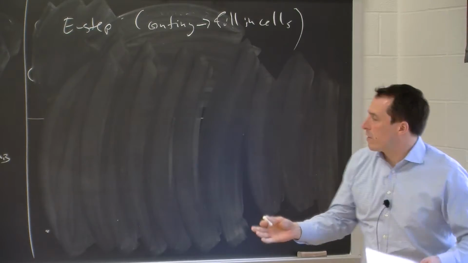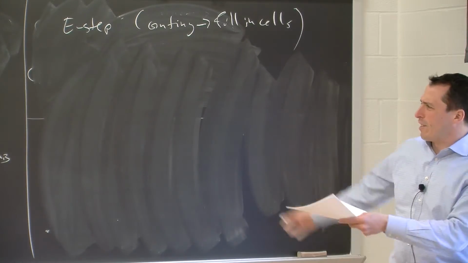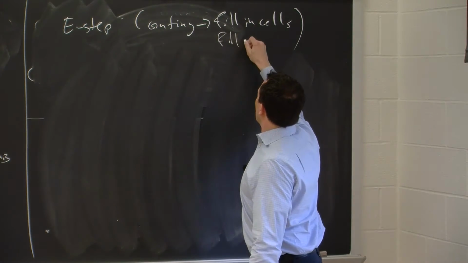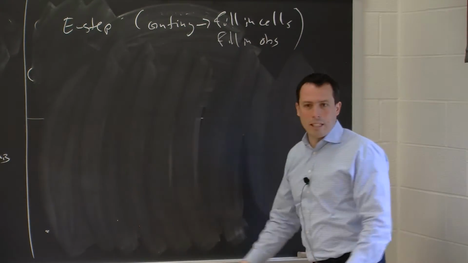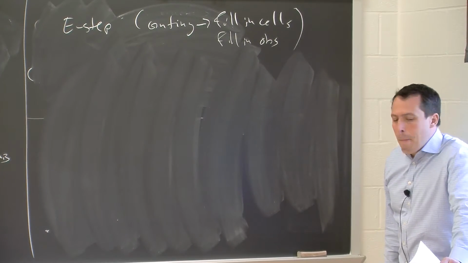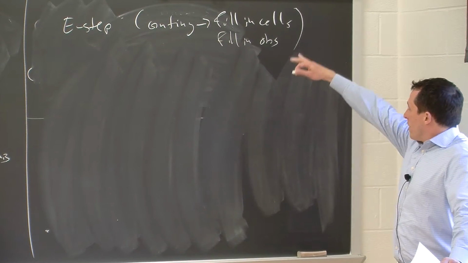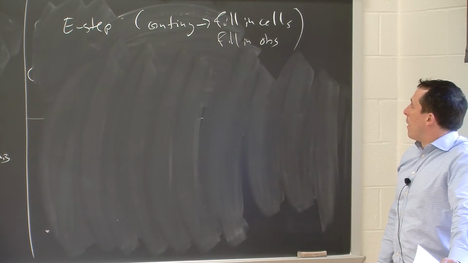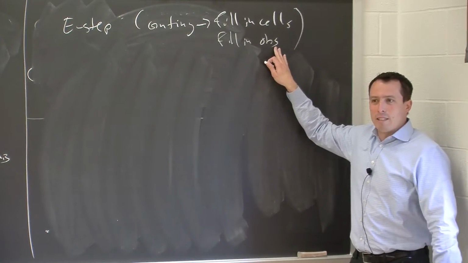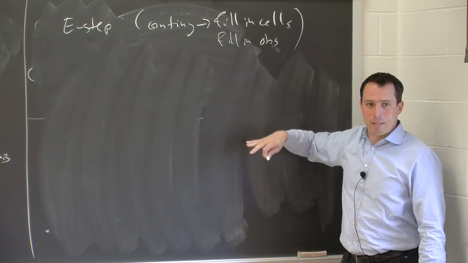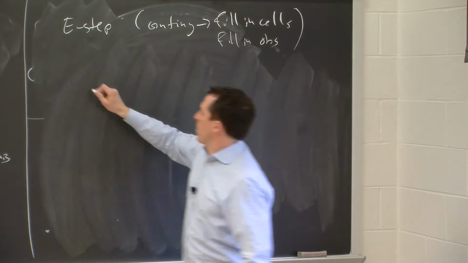The most general thing we could do, or the most specific, depending on how you look at it, is we could fill in actual observations. We could complete our observations to be the most likely observations. We could fill in the cells. Of course, these two things are still too much work in the EM algorithm. We could fill in all the observations, but we don't really care about the individual observations in finding theta. Our next step is going to be the maximization step.